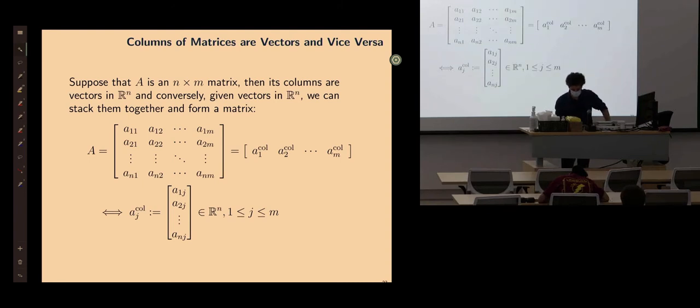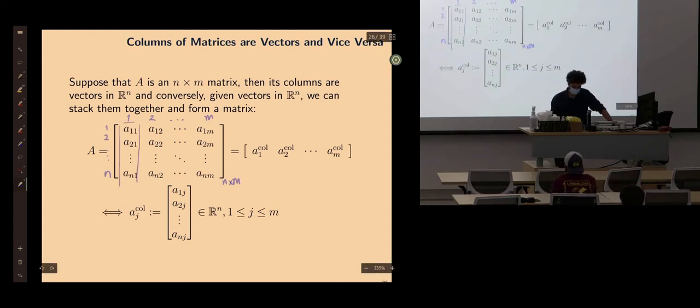Now, we know that we have an n by m matrix. This means we have n rows and we have m columns. And we are aware that, of course, we can stack them. We can partition the matrix into columns, and we can write our columns like this. Equivalently, this is equivalent to that because we can go in both directions.